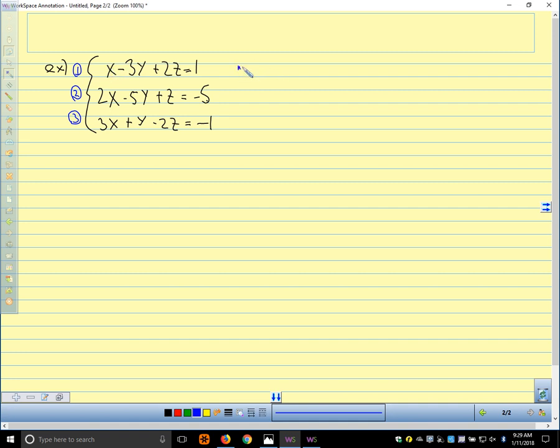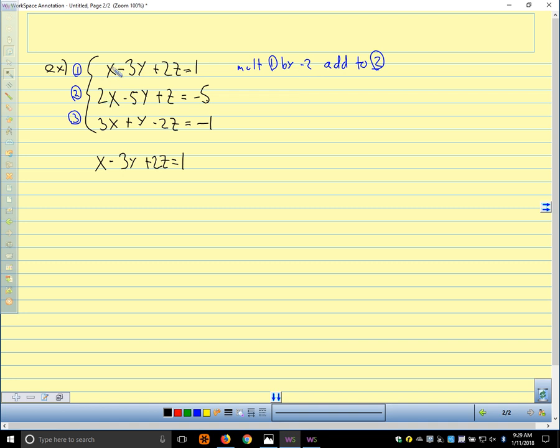So I'm going to say multiply 1 by -2, and we're going to add to 2. So my first row doesn't change, so I'm going to write what we get after we do that step. x minus 3y plus 2z equals 1. And I'm not going to write out the multiplication. I'm going to do the arithmetic in my head.